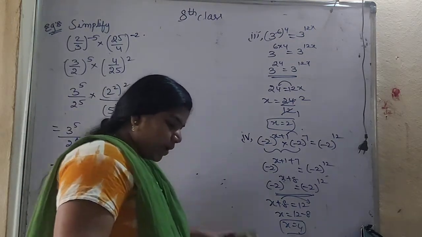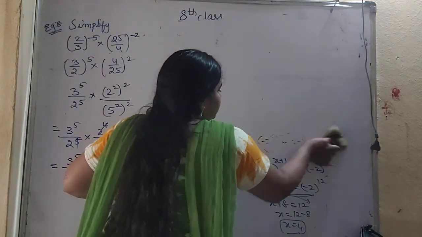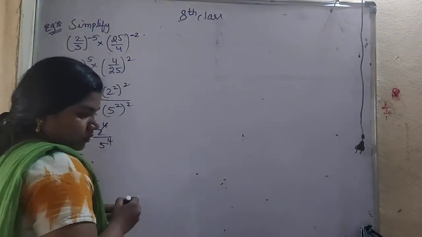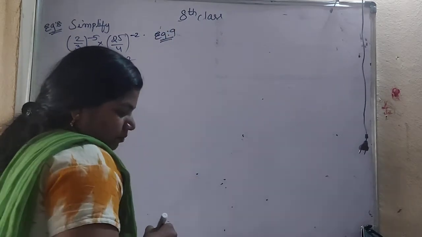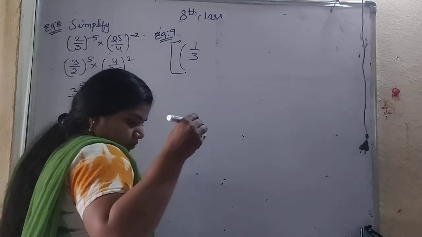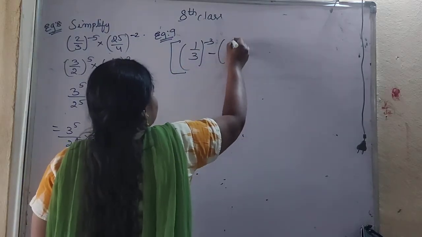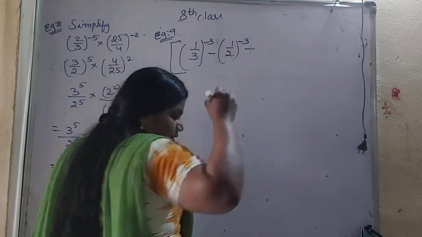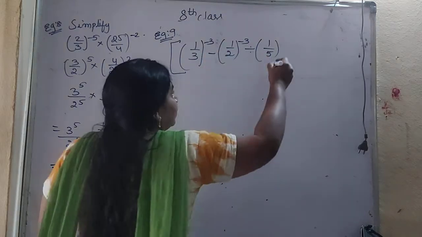Next is the 9th one. Example number 9. Simplify 1 by 3 whole power minus 3 minus 1 by 2 whole power minus 3 divided by 1 by 5 whole power minus 2.